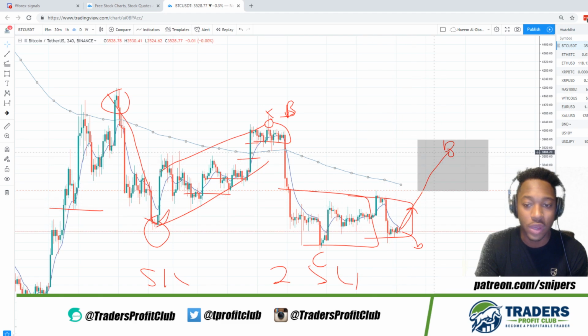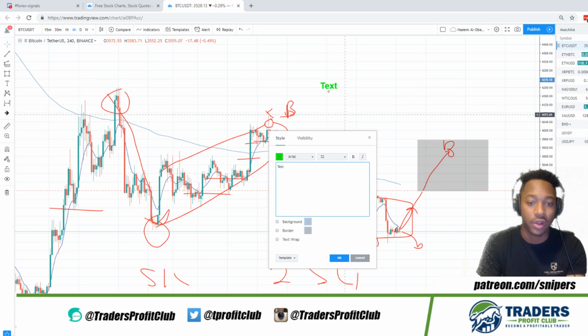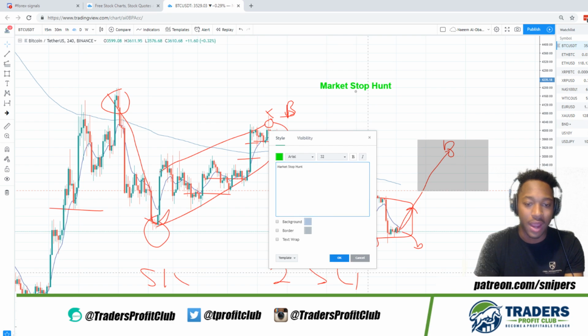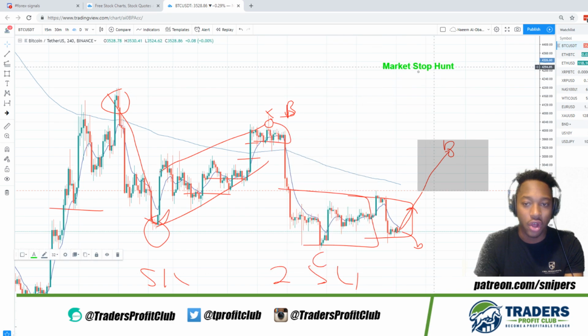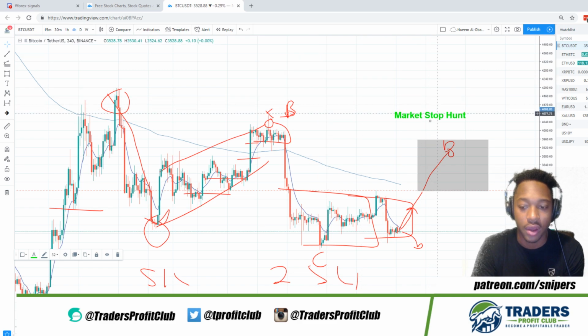So if we see an area that moves to this upside momentum, what are we going to call this, guys? It's called a market stop hunt. A market stop hunt is basically when price is consolidating and trying to induce those buyers to go long for a short amount of period, just like here, before they trap them.